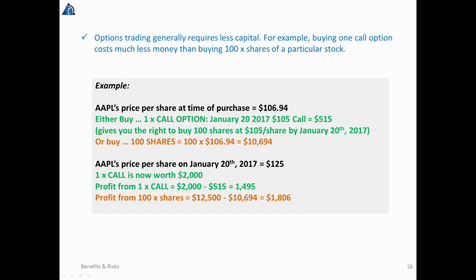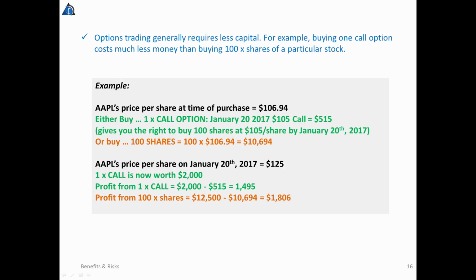Here, of course, we're shining a bright light on this example. We're assuming that by January 20th, 2017, the stock has risen up to $125 a share. The $105 call is now worth $2,000. 105, 125, $20 difference. 20 times 100 shares, that's $2,000.